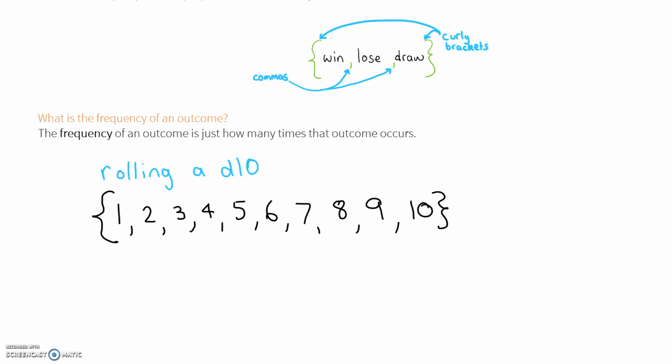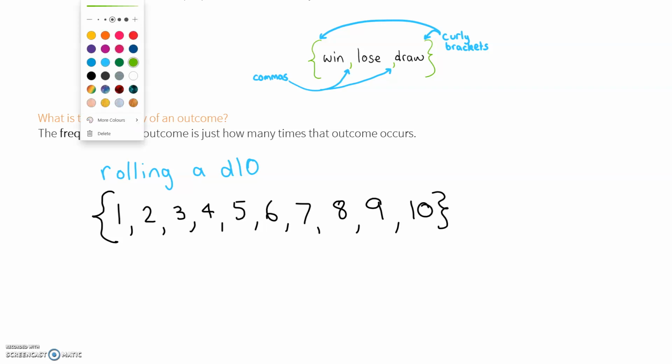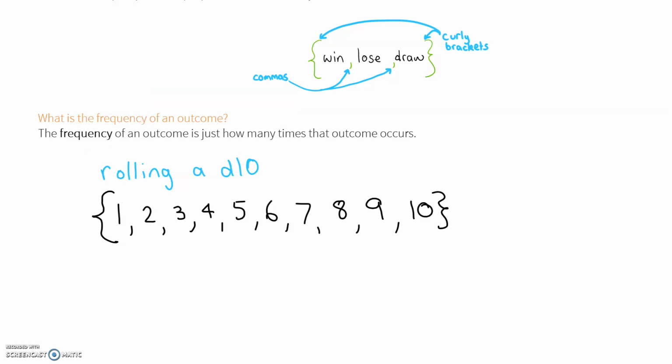Okay, and for this experiment, the frequency of each outcome is just 1. So the frequency of rolling a 1 is 1.